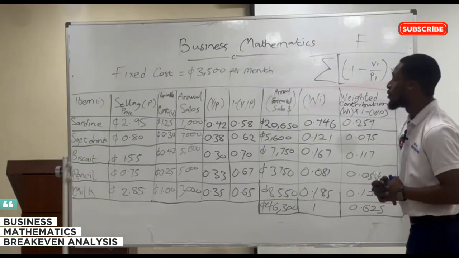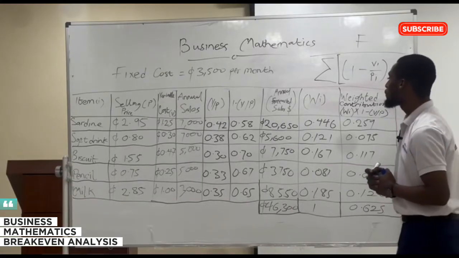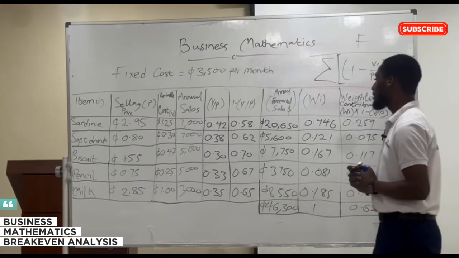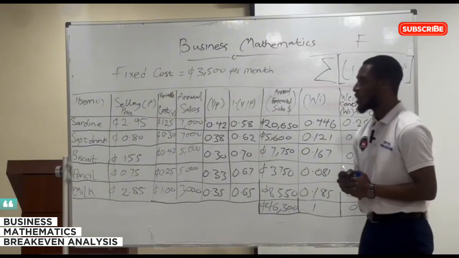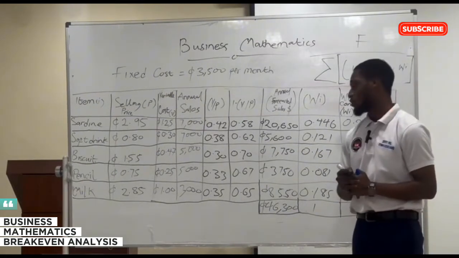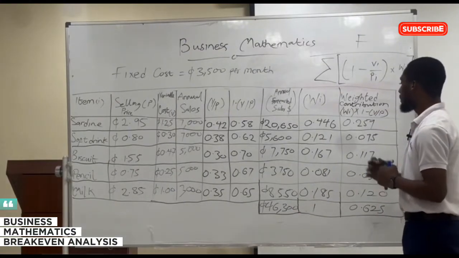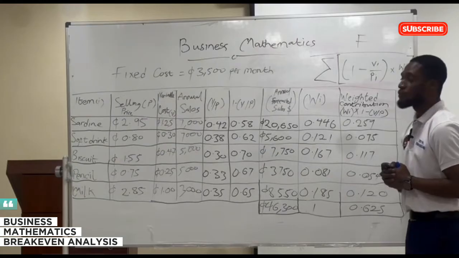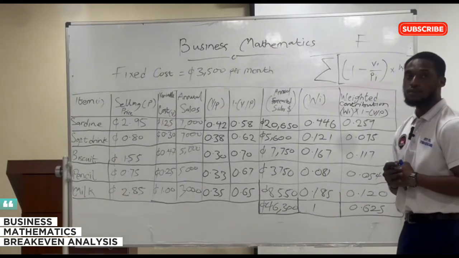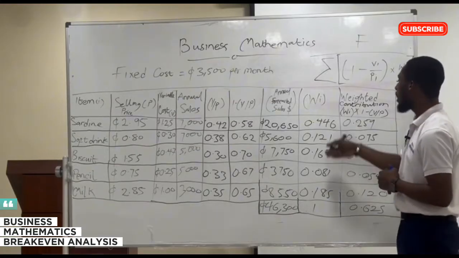After getting the 46,300, we go ahead to find our WI. And now we said, before we can get our WI, we have to take each annual forecasted sale of each item and divide it by the total annual forecasted sale, which is 46,300. And we did absolutely what the formula tells us to do, and we had our figures here.